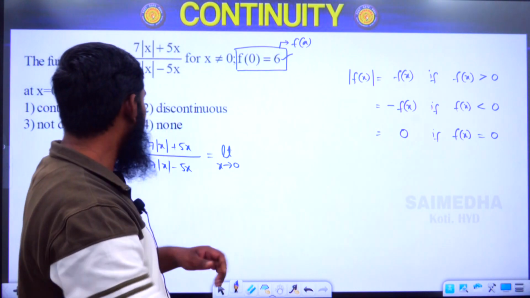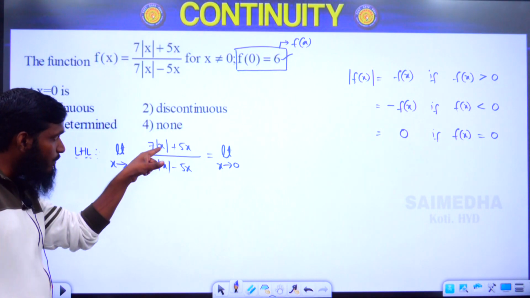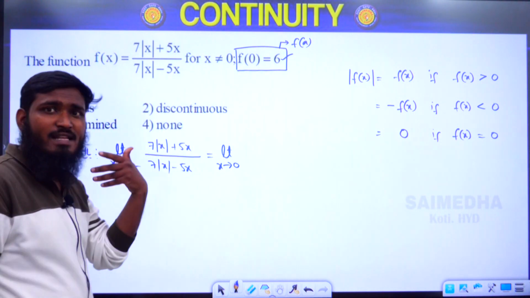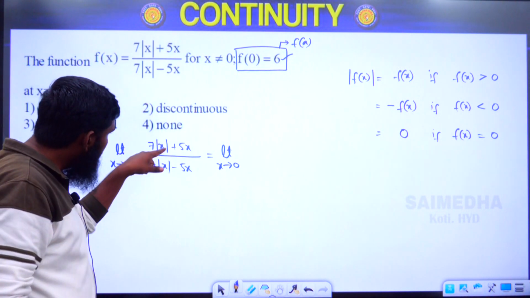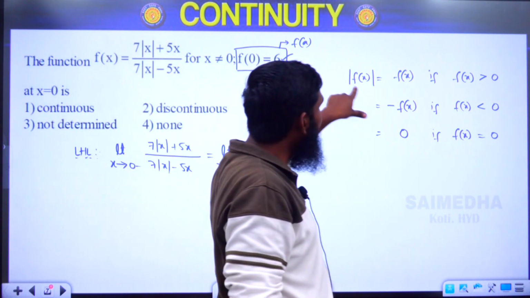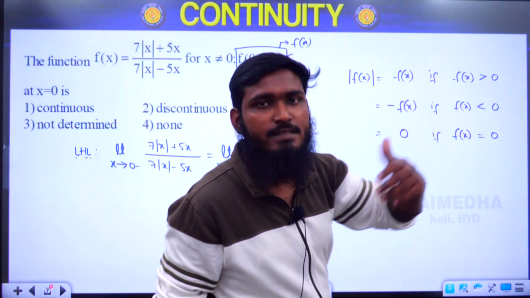So listen carefully, this x tends to 0 minus, this complete x value is a negative number. 0 minus means less than 0, a negative number, no? So this complete part is less than 0. If this complete part is less than 0, then we have to write minus f of x.